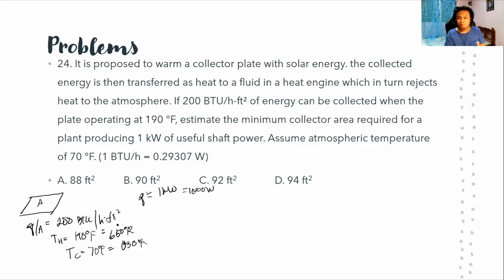So how do we go in this problem? So remember, we have our minimum collector area. So that's the keyword there, minimum. What system can you think of that has a minimum regarding the efficiency, a minimum efficiency of that heat engine, or we can say this solar energy warm collector plate, diba?